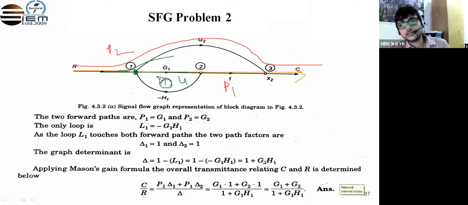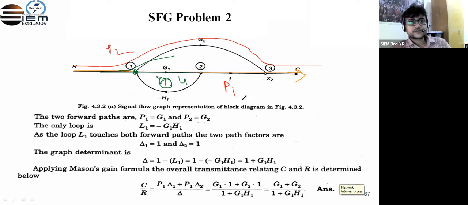So it will be 1 plus G1 into H1. So the overall transmittance C by R will be equal to P1 del 1 plus P2 del 2 by del. So it will be G1 into 1 plus G2 into 1 by 1 plus G1 into H1. Okay, so it will be G1 plus G2 by 1 plus G1 H1. Students, have you understood this problem? Yes, sir.